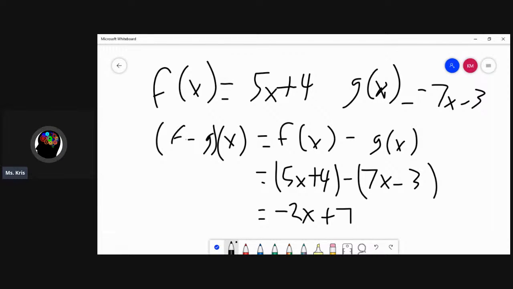Again, we have no denominator. Therefore, my range and domain are all real numbers, or negative infinity to infinity.